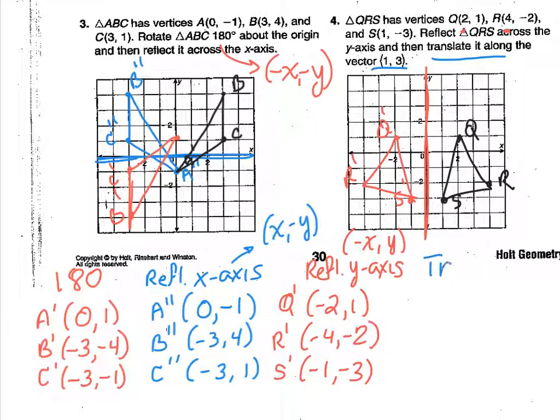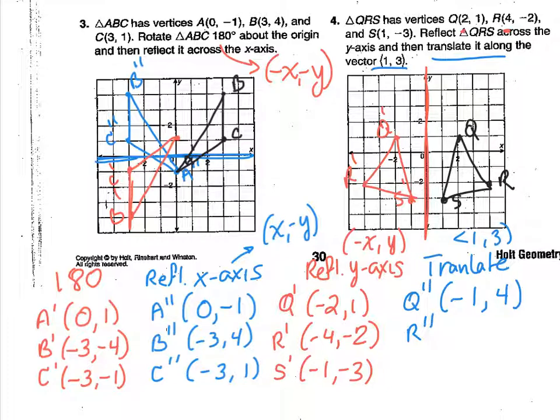So translate, the vector is 1, 3. What it means by 1, 3 is you're going to add 1 to all the x's and 3 to the y's. Okay? So my q double prime, negative 2 plus 1, negative 1, 1 plus 3, you mean 4, right?